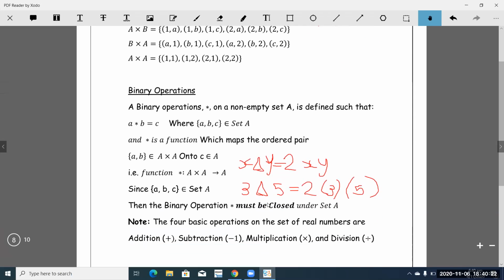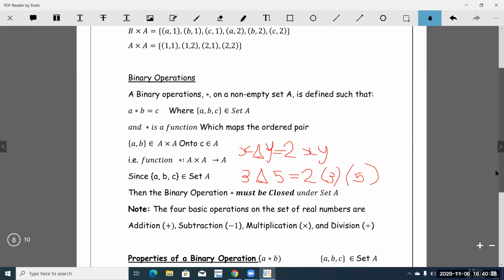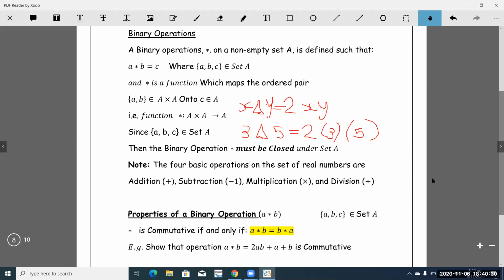So here it is, the 4 basic operations on the set of real numbers: addition, subtraction, multiplication, and division. All right. Now the next thing is properties of a binary operator. The same way we looked at properties under the real number system is the same way they follow for binary operators.